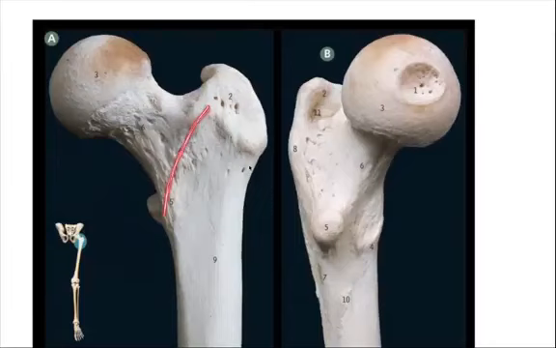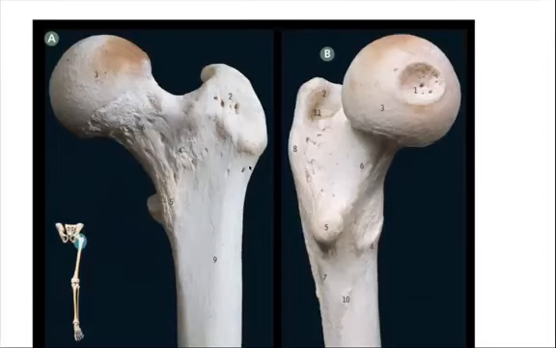What does it mean by the intertrochanteric line? It is attaching both of the trochanters, the large one and the smaller one. That means it is attaching the greater trochanter along with the lesser trochanter via the intertrochanteric line in the anterior aspect.